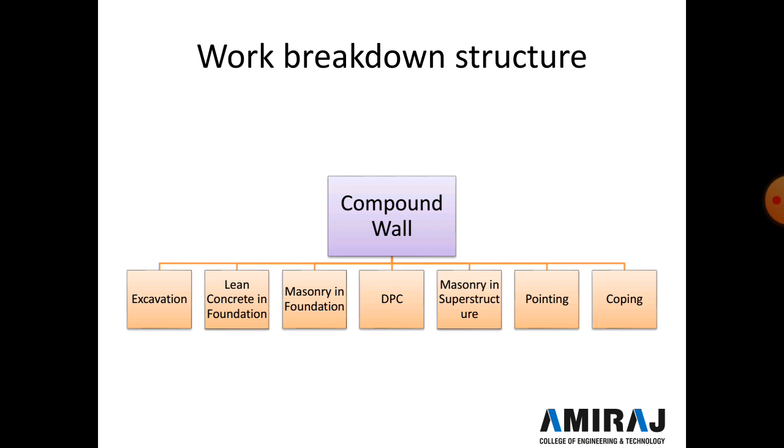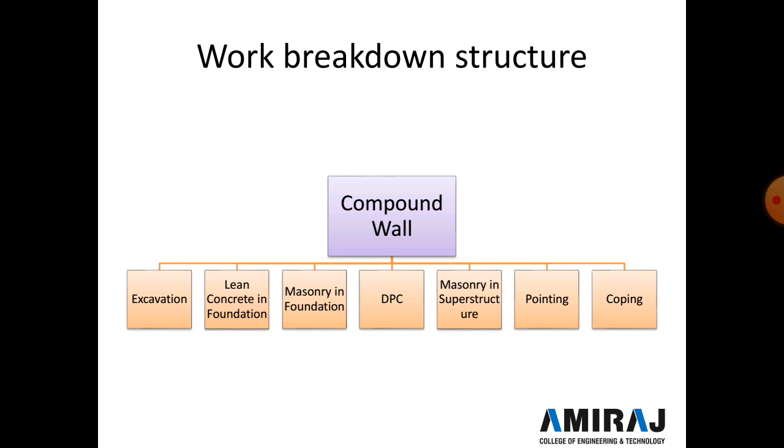Now, second is lean concrete in the foundation. Lean concrete is PCC work at the bottom part of the excavation. Then after that, masonry in the foundation. After PCC work, masonry work starts in the foundation, like in a compound wall we construct a step footing or a simple pad footing, whatever.